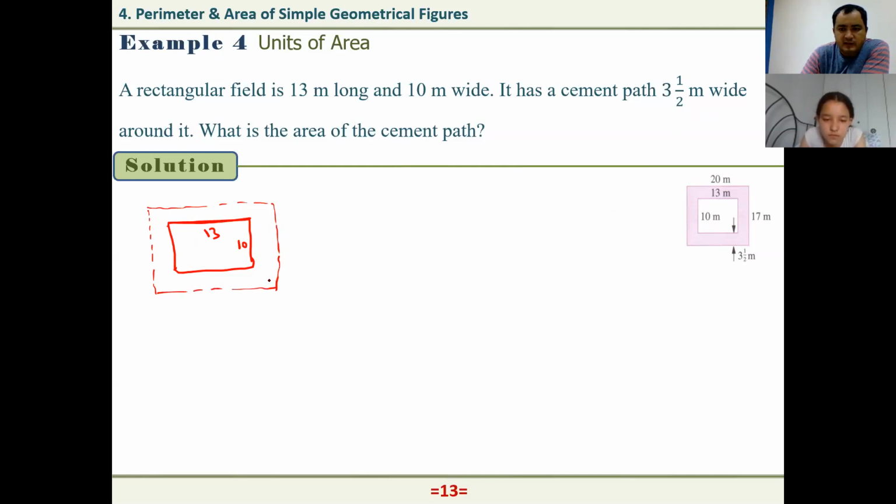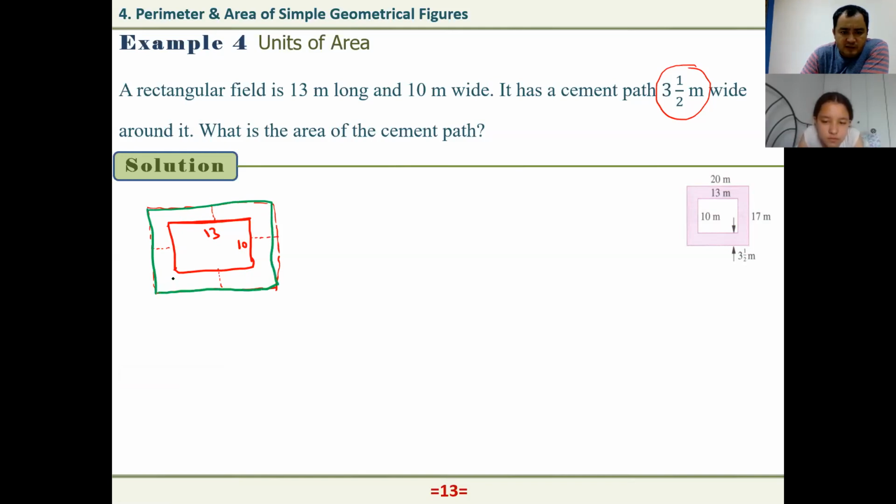And the path is 3.5 meters wide. So this one is 3.5 meters wide, this one is 3.5 meters wide, and so on around. Now, if I want to get the dimensions of this green rectangle, that is the boundary of the path.